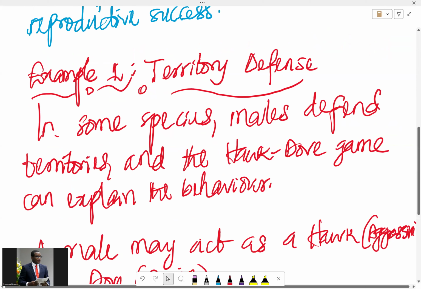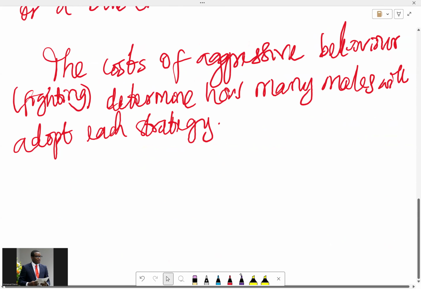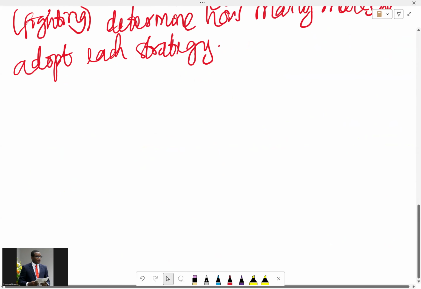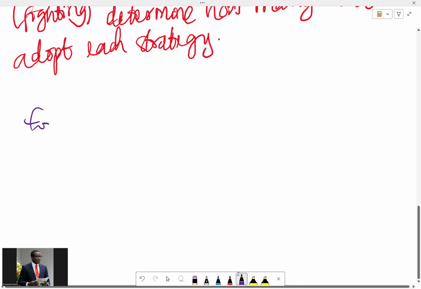Another example will be about altruism and kin selection.